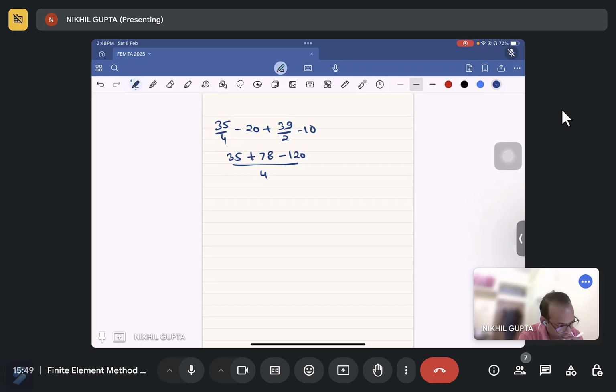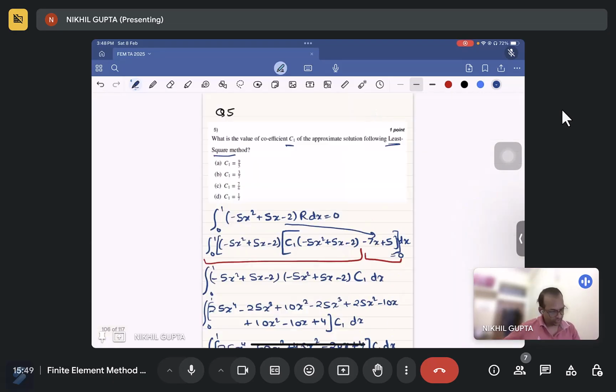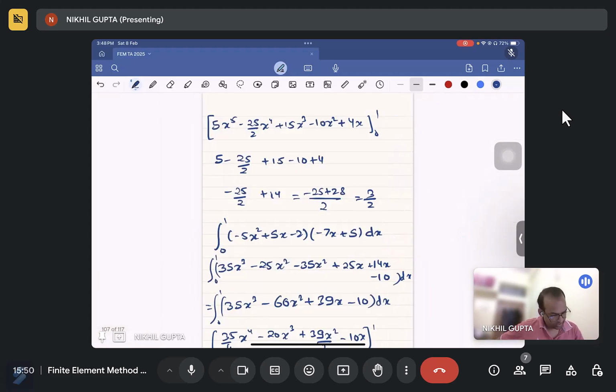So this is correct. When you solve this, it will be 35 plus 78 minus 120, which is minus 7. Now we have solved the equation in two parts. The first part result was with C1, this will be C1.